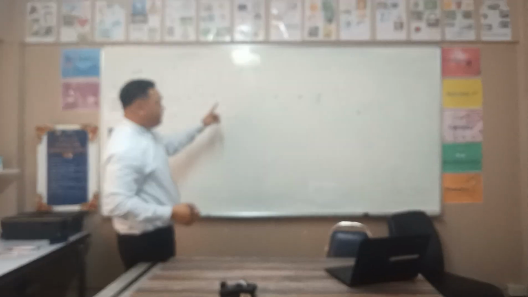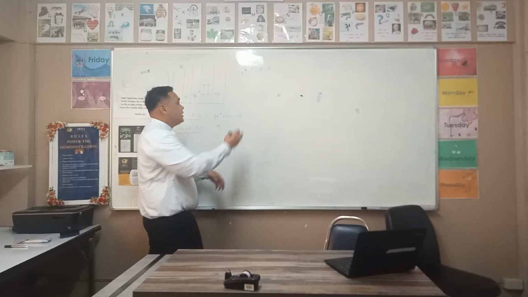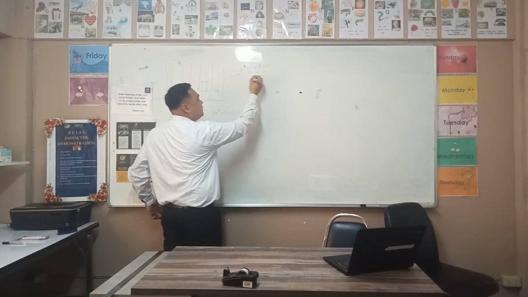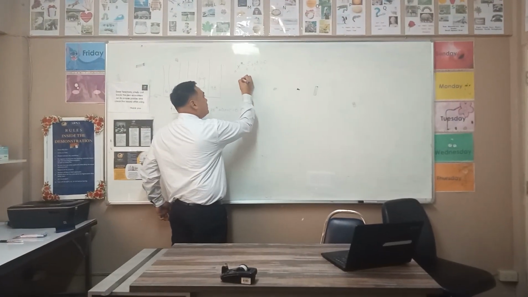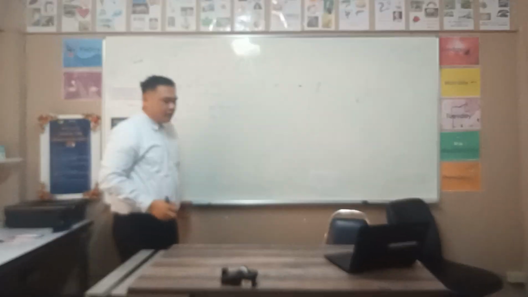As I said, a quadratic equation has three coefficients, which are a, b, and c. All of these must be real numbers, and a must not be equal to 0. That is a quadratic equation.